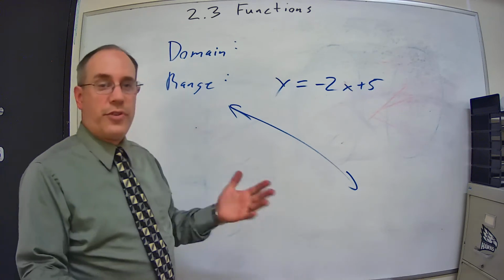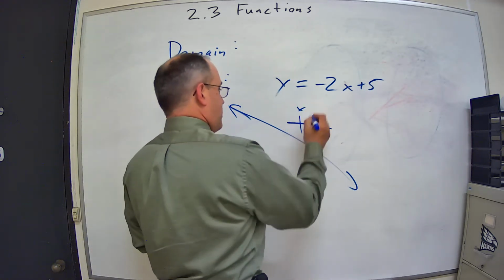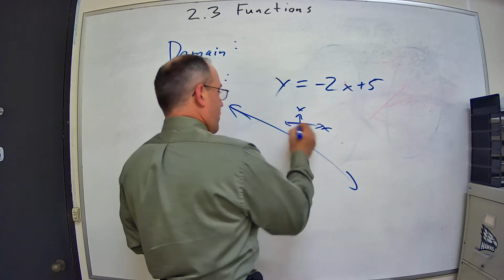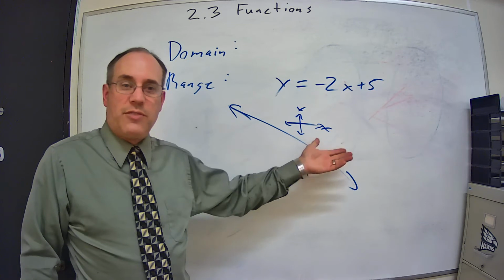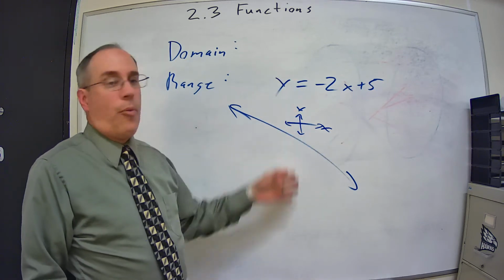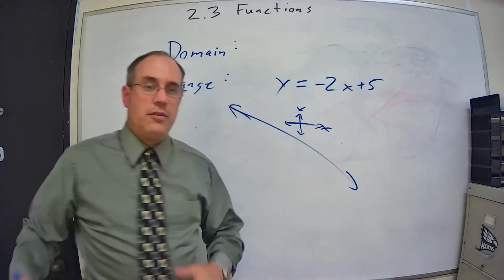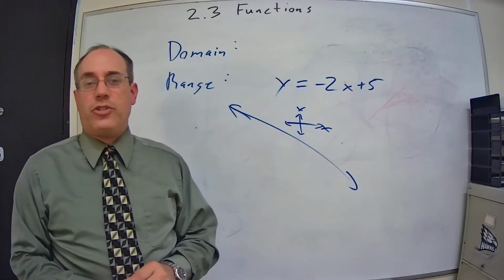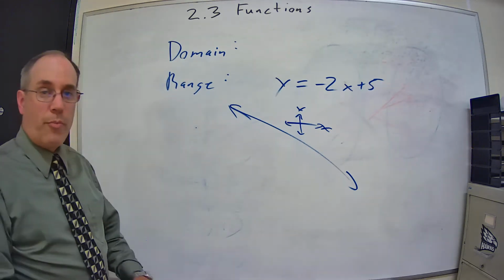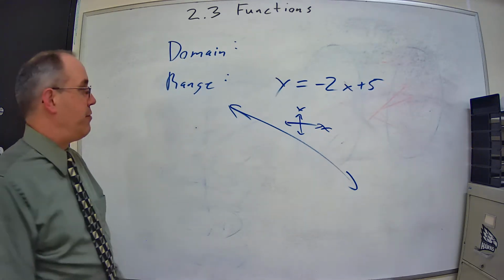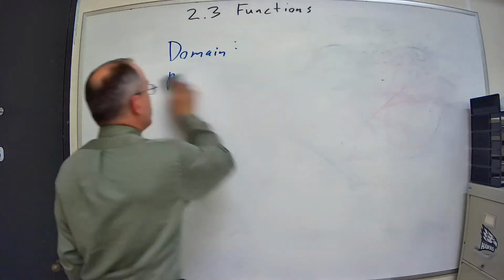Because remember, in a coordinate axis, that's x, that's y. So the domain is all possible x values, the range is all possible y values, or the outputs. For a line, the domain and range are both all real numbers, or from negative infinity to positive infinity. So not too bad with a line.